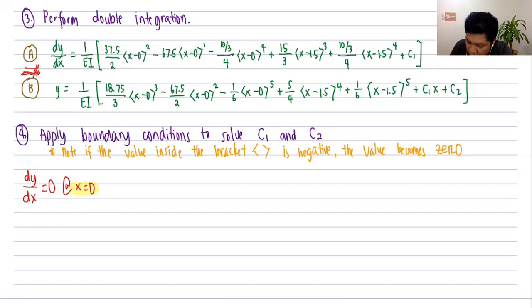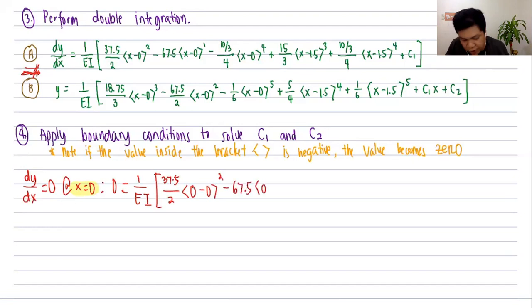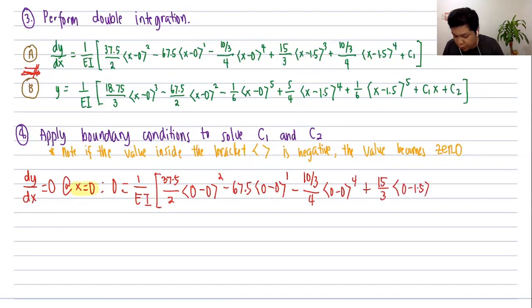Altogether now, I can say 0 is equal to 1 over EI times, I just copy everything: 37.5 over 2, I'll substitute 0 as the value of x, minus 67.5, (0 minus 0) raised to 1, minus 10 over 3 all over 4, (0 minus 0) to the fourth, plus 15 over 3, (0 minus 1.5) raised to 3, plus 10 thirds all over 4, (0 minus 1.5) raised to 4, plus C1.